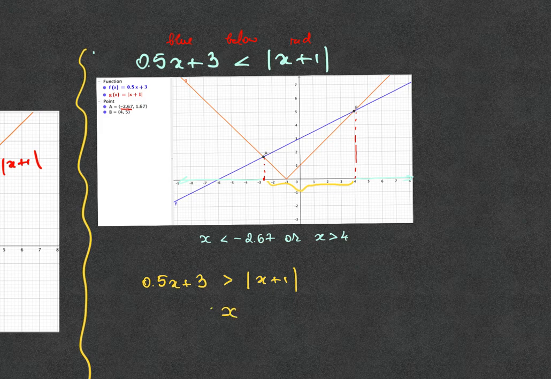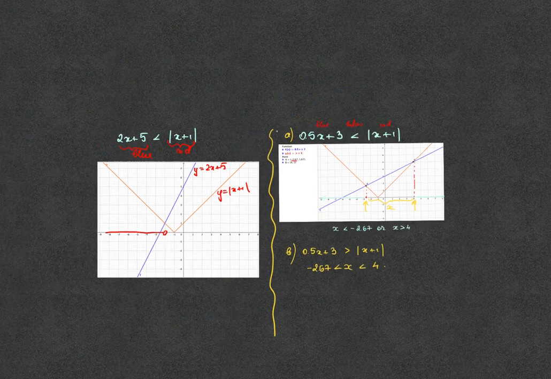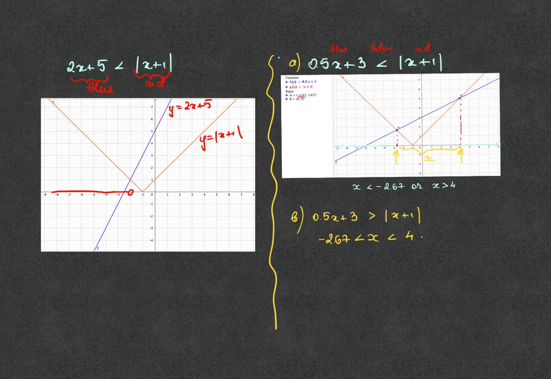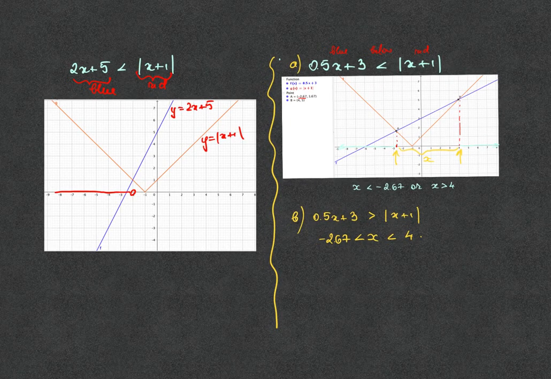So x is between this point and this point. It's between minus 2.67 and 4. That's, let's say, A, and that's B. And see how they are different. So using inequalities with graphs, it's easier.